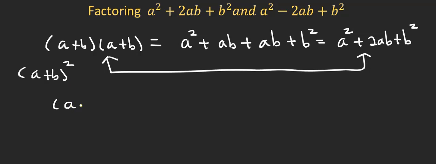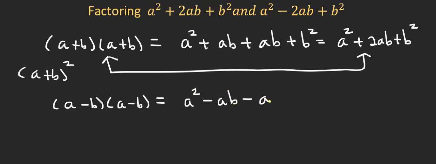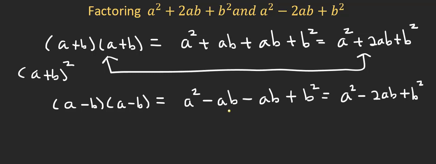What if you have the quantity a minus b times the quantity a minus b? When you multiply this out, you'll get a squared minus ab minus ab plus b squared, so you'll get a squared minus 2ab plus b squared.